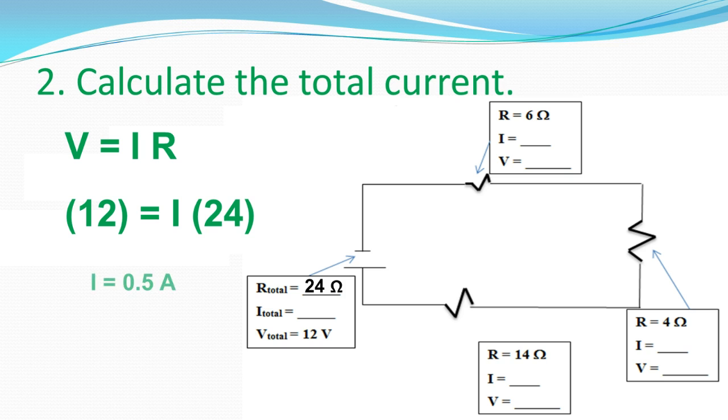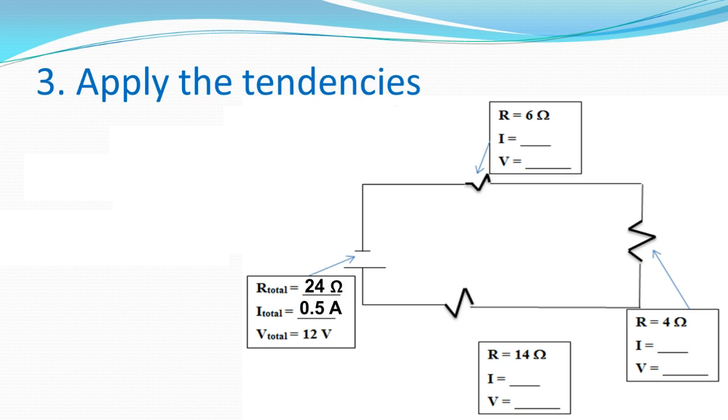The current needs to be the same, and then the voltage, I add up all of my voltage drops. The only one that I can really apply of these tendencies right now is the fact that the current is the same throughout. However, that sets me up with 2 of my 3 givens for each of my resistors. That means I can find my voltage drop for each of those. So I can go through and I can use Ohm's law, V equals I times R.